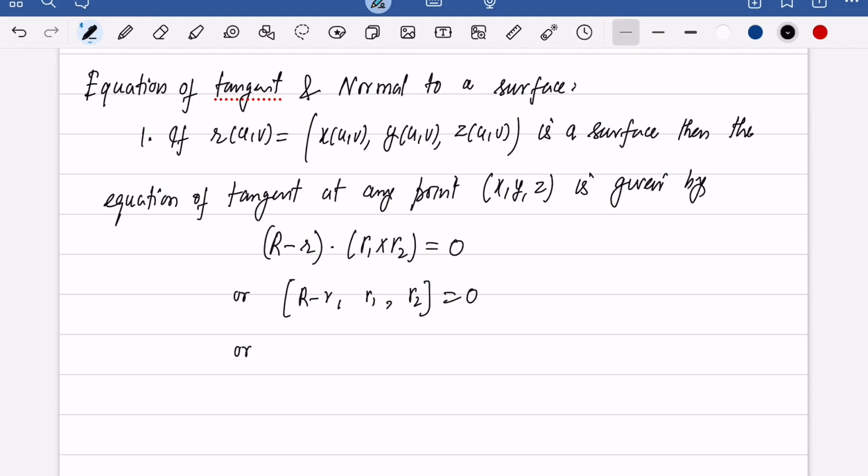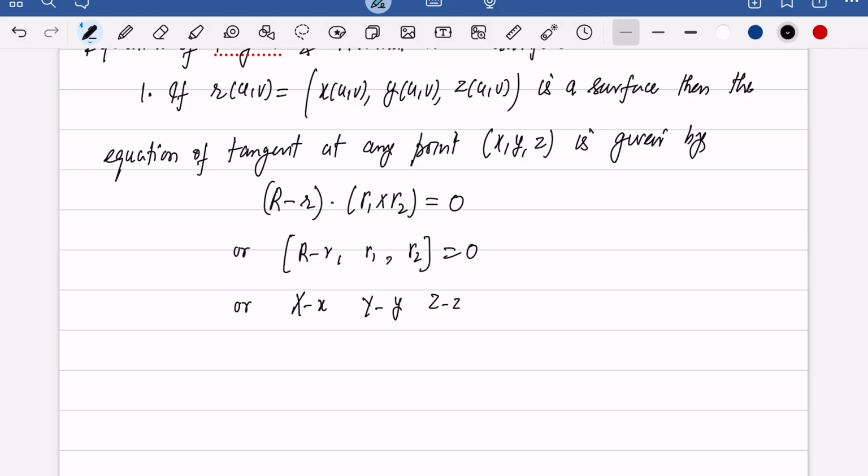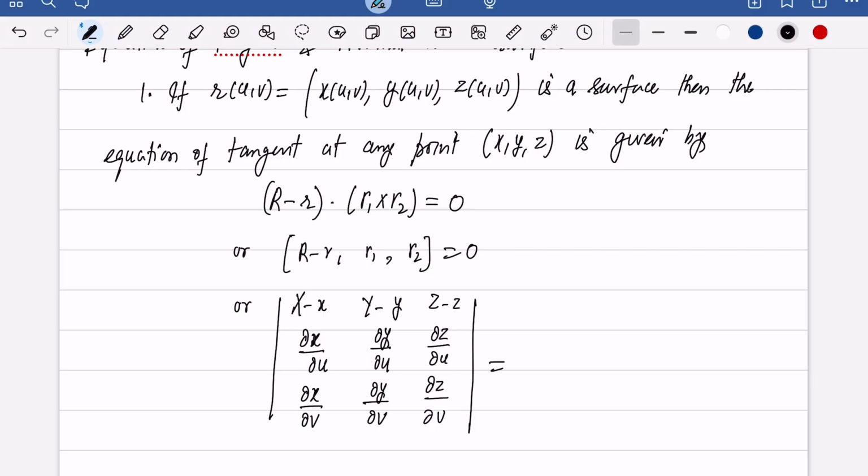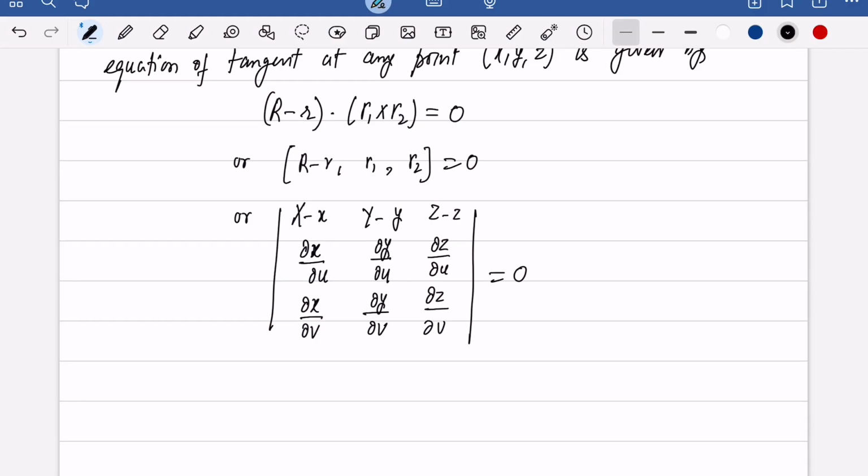Or we can express this in terms of the Cartesian coordinates: x minus x, y minus y, z minus z in the first row, then in the second row del x by del u, del y by del u, del z by del u, and similarly the third row is the derivative of r with respect to v, that is del x by del v, del y by del v, del z by del v. This determinant equal to 0 gives us the equation at any point x, y, z. And that is one case, when the equation of a surface is given in the parametric form.